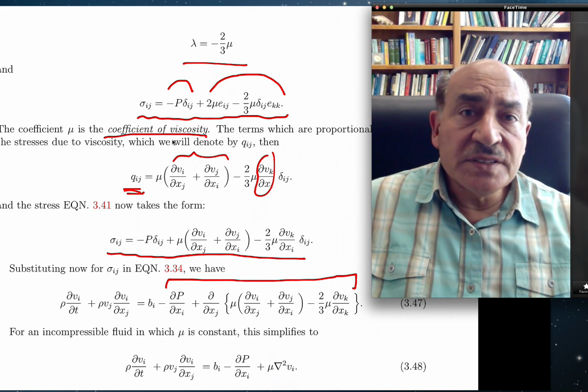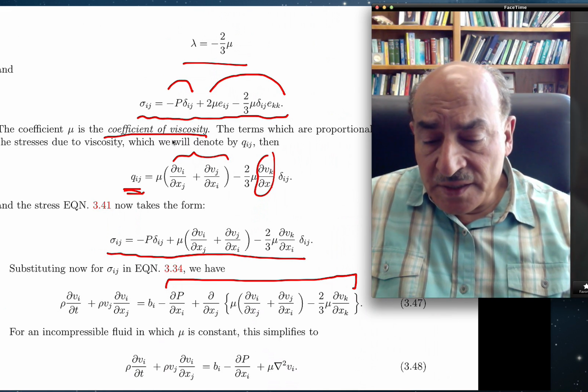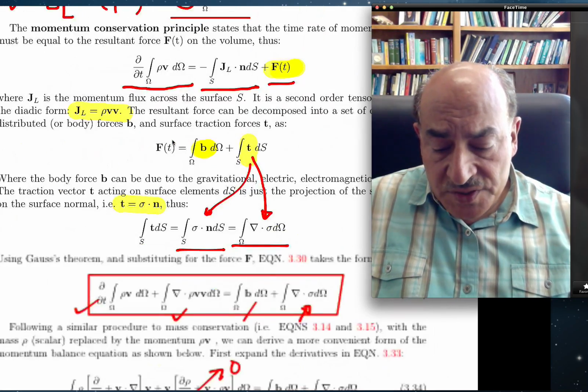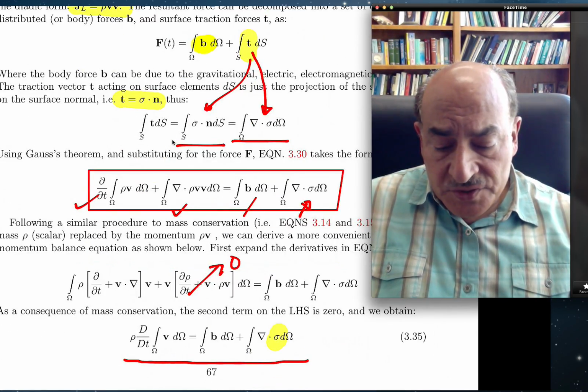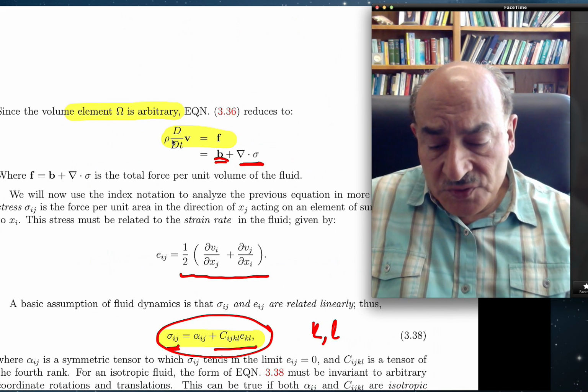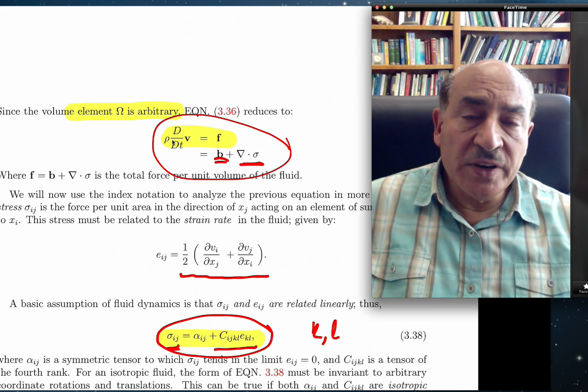Divergence now is written in index form. So remember where we ended up with this kind of innocent form of Navier-Stokes equation, which is actually this form here. So this is the innocent form of Navier-Stokes equation.